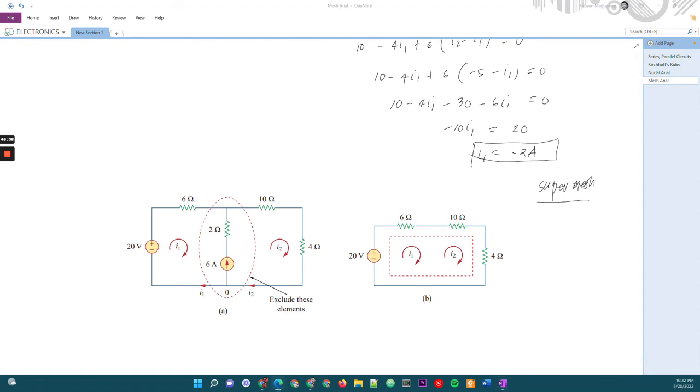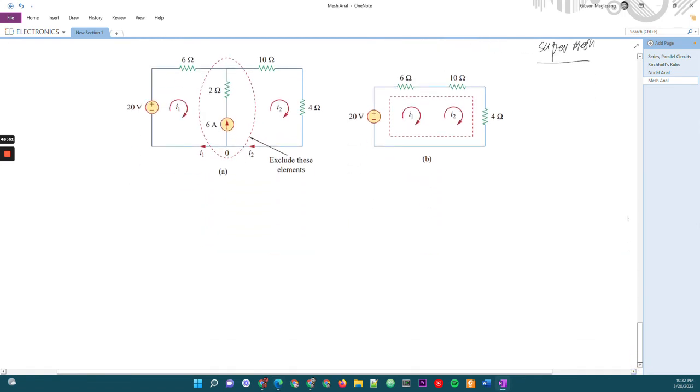Okay? So, ang kaning super mesh, mo apply gihapon ang KVL. It's like any other mesh. So, if we apply KVL, we get positive 20 minus 6 I1 minus 10 I2.